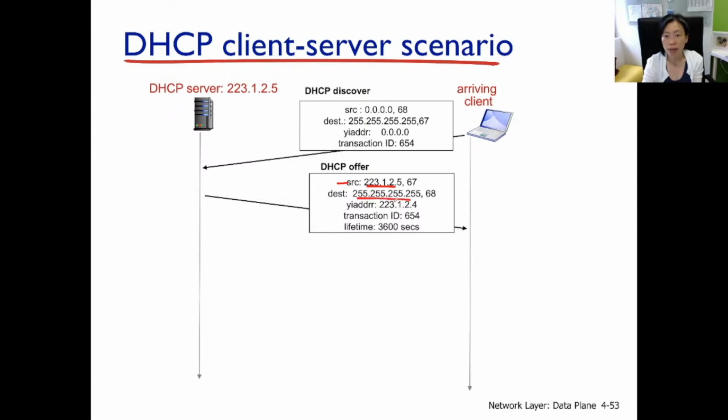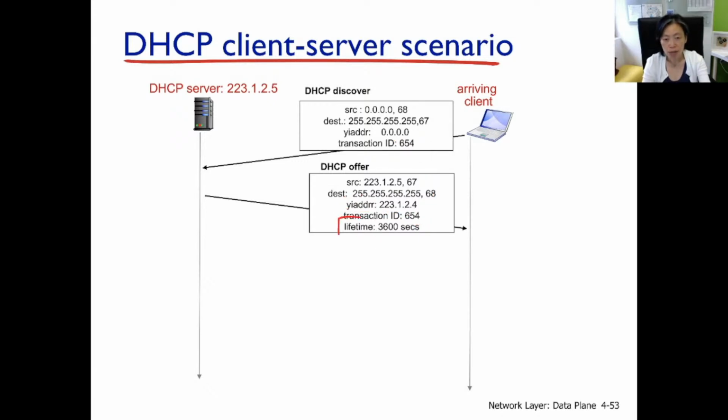Destination, again, the broadcast address, because the arriving client doesn't have an IP yet, but will still receive a message going to the broadcast IP address because everyone on the subnet will receive such a message. And we see here, the server is offering this IP address to the client. Transaction ID, the same pair. So this offer is for this discover message.